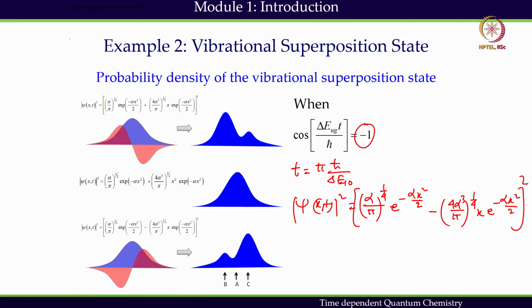It suggests that first we have to subtract these two wave functions. So now we are subtracting the two functions. That's why we have changed the phase. Previously the phase was positive here and negative here. Now we have negative here, positive here, and we are subtracting. If we subtract, then what will happen?